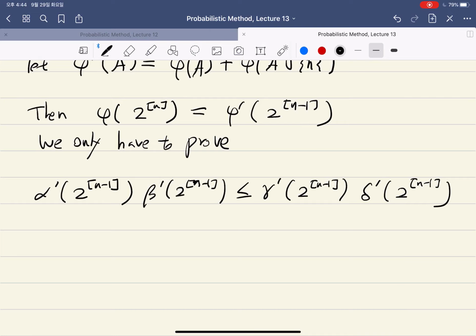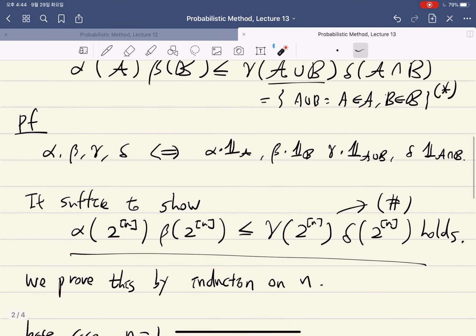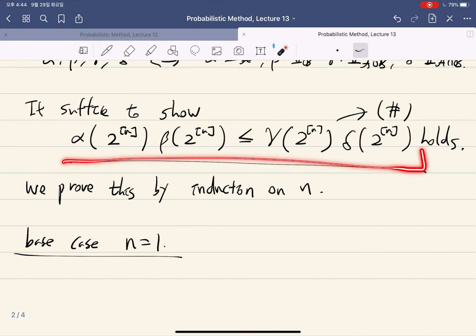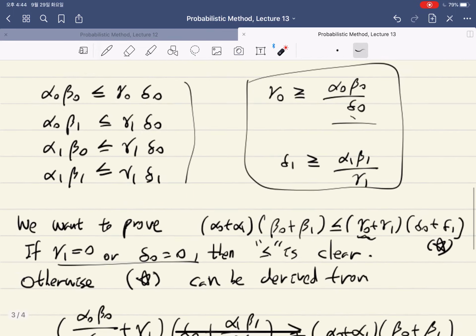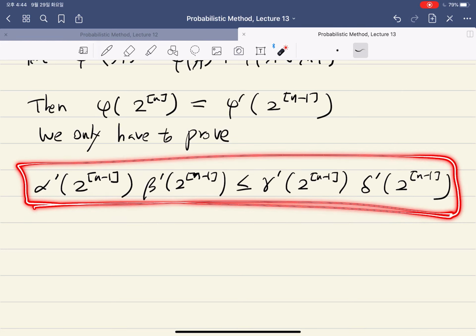But this form is exactly the induction hypothesis that we assume here. So you replace this with n minus 1, and alpha, beta, gamma, delta are arbitrary functions. We want to invoke the induction hypothesis to conclude this.